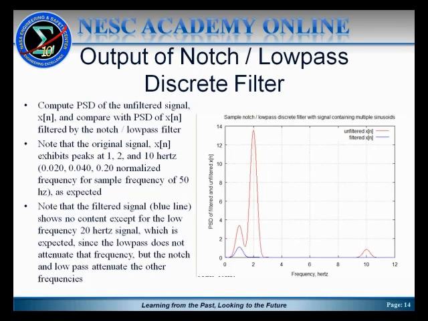Since the PSD is units squared per hertz, the component at 2 hertz ought to be about 4 times as big as it is at 1 hertz, which is what you see there, and the component at 10 hertz ought to be about 1/4 what it is at 1 hertz, which it is as well. That reinforces what was presented in part 3 of this presentation about PSDs.